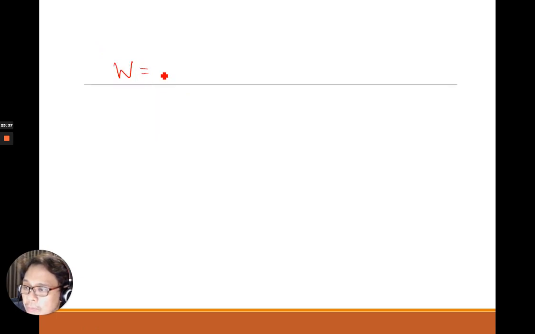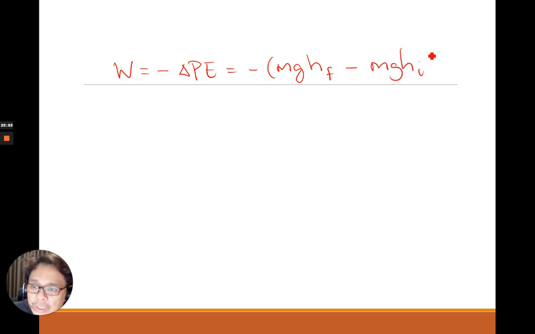So work is equal to the negative change in potential energy. What is potential energy? Sabi natin mg H final minus mgh initial. Okay? So, kapag dinistribute natin, you get mgh initial minus mgh final.